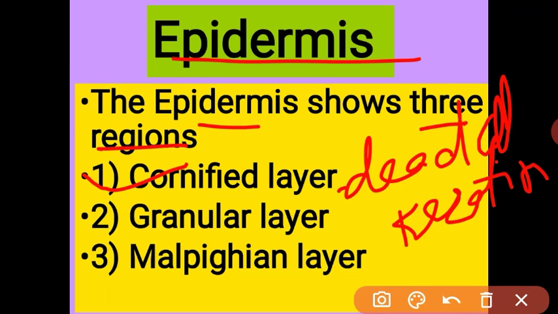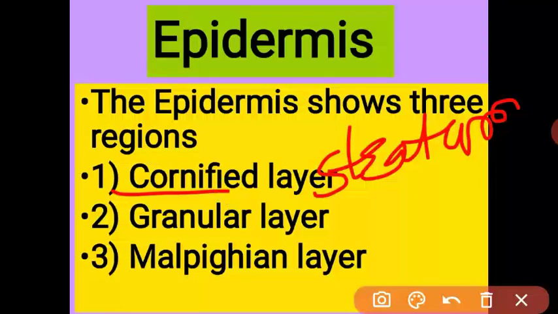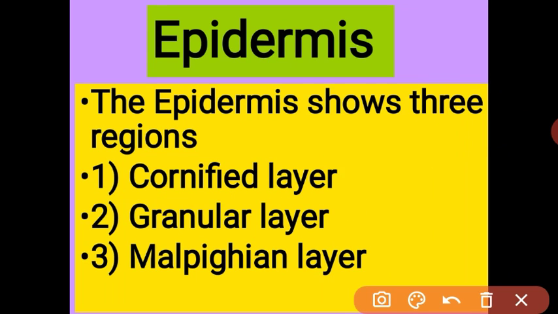It is also called the stratum corneum. The cornified layer is the outermost layer. It is made from dead cells of the fibrous protein keratin. These cells are continuously worn out and replaced as new layers arise. Since it is the outermost layer, it resists mechanical damage.